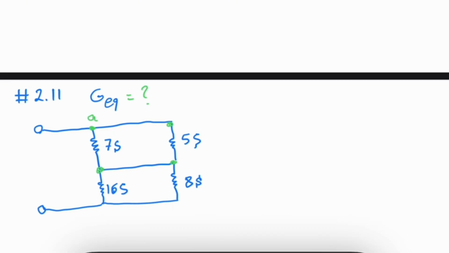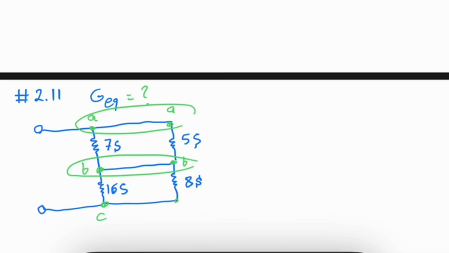If it is A, this is A, both of them the same node. Here B, B, they are using the same node. Also C, C, meaning that 7 Siemens and 5 Siemens are in parallel. So for the total, I call it G1, the equivalent of this one will be 7 plus 5, because for parallel we should add them up, which is equal to 12 Siemens.